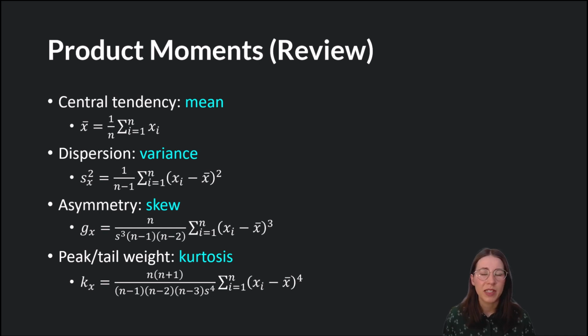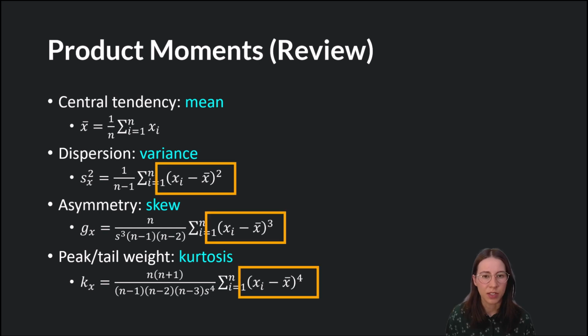We've seen product moments a couple times already in this class, and they're used to summarize the properties of a sample's central tendency or mean, dispersion or variance, asymmetry or skew, and peak and tail weight or kurtosis. The formulas for the first four product moments are shown here. We won't go over these equations in detail, but I want to focus especially on variance, skew, and kurtosis.